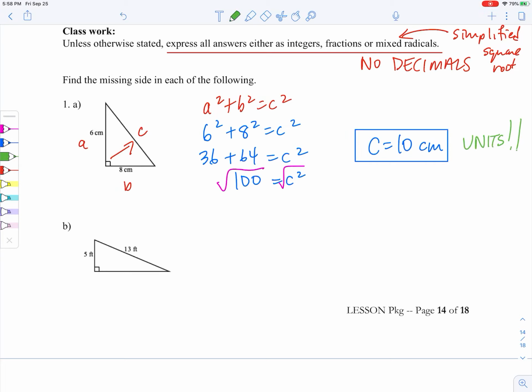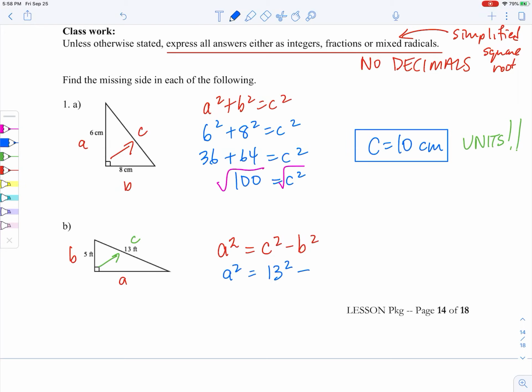Next one. This time, we have c already. So if this is a and b, and it doesn't matter, it could be b or a, we're going to do a variation on the Pythagorean. I'm going to say that a squared is equal to c squared minus b squared. And that means that a squared equals c squared, which is 13, so 13 squared minus 5 squared.